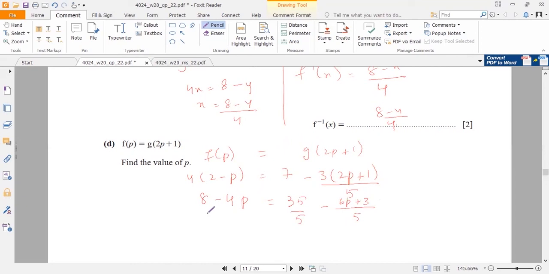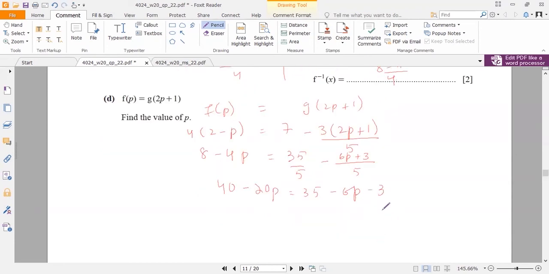So 5, if I shift over here, so it will be 8 fives are 40, 5 fours are 20p is equal to 35 minus 6p minus 3. So minus 20p plus 6p will be equal to minus 14p. 35 minus 3 is 32, minus 40.